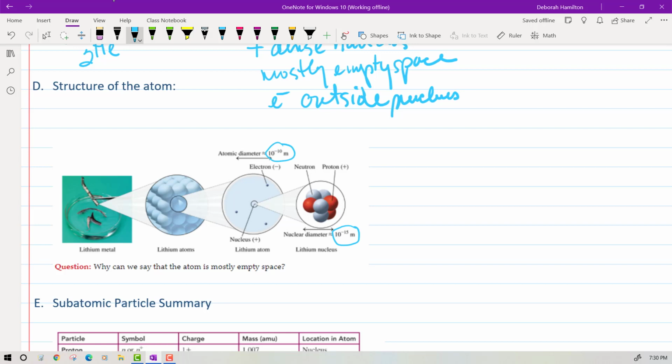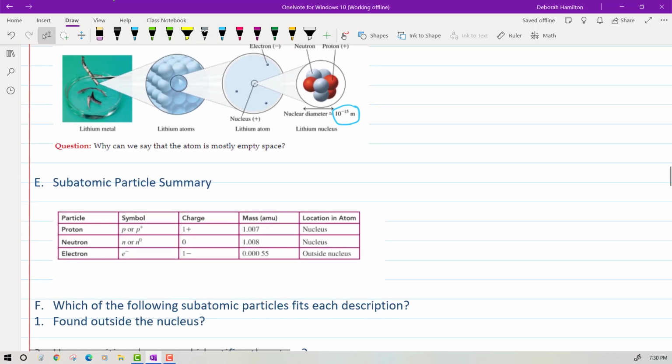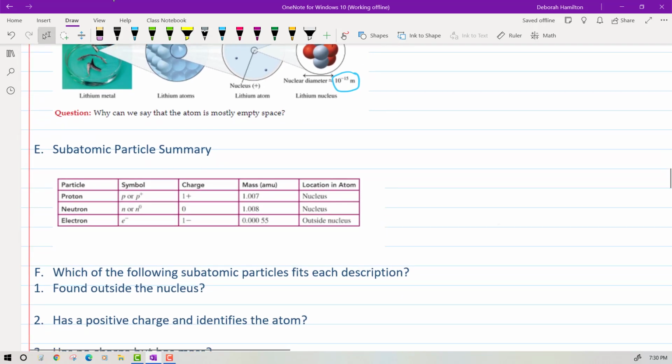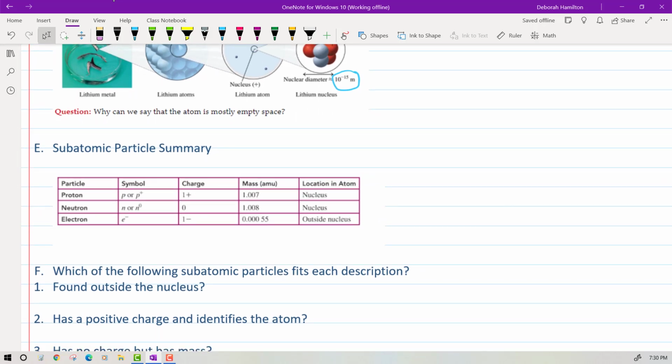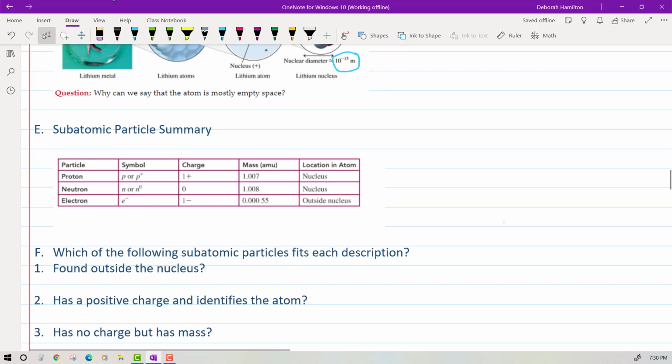So there's 5 powers of 10 difference in space. That's why we say the atom is mostly empty space. And again, the neutron was discovered later. They knew that it was there. They just didn't realize exactly what it was until some advances in technology.